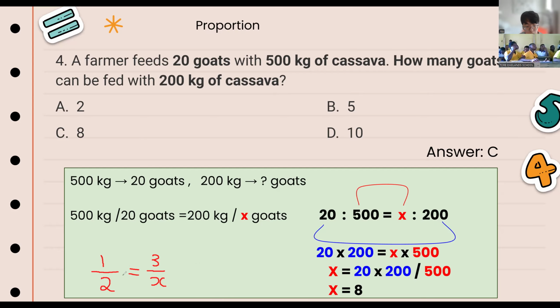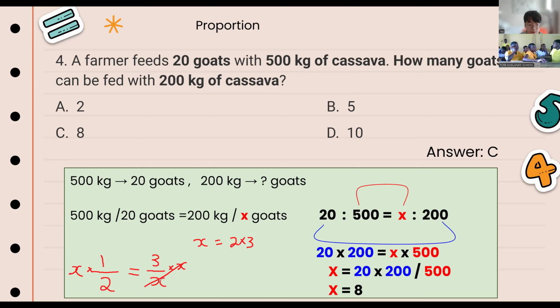So yeah, you can solve this by X equals 2 times 3. Since what we did here, multiply X on both sides.